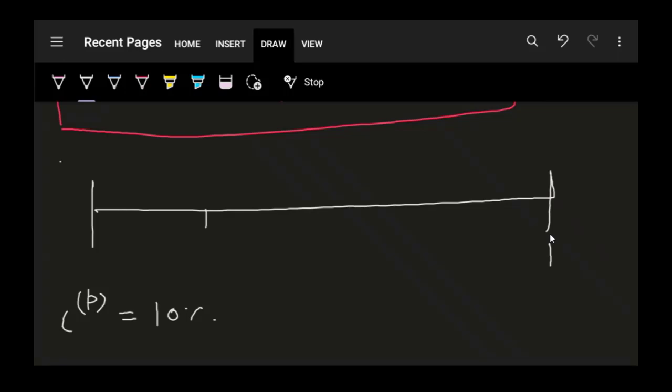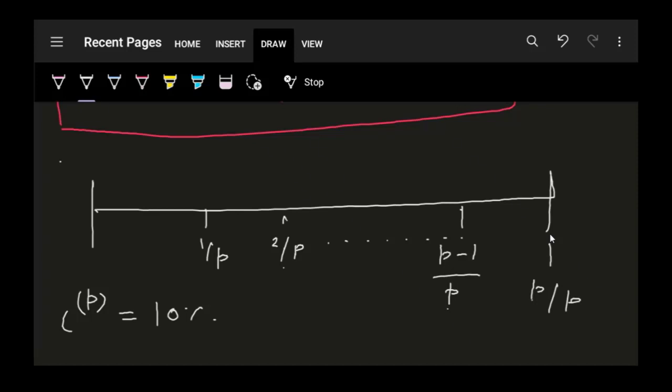So if there are total p parts, each part will be 1 upon p, this will be 2 upon p, and so on. This one here will be p upon p, and just before this time period we will have (p minus 1) upon p.